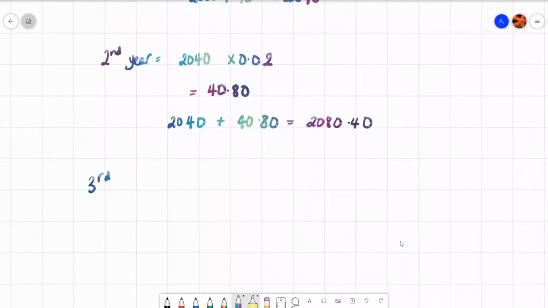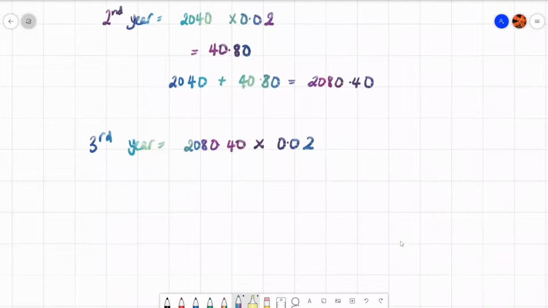On my third year, I now start off with £2,080 and 40p, and obviously I get 2% more than that. So I'm going to times £2,080.40 by 0.02, and I end up with 41.608. I'm not going to round it yet.